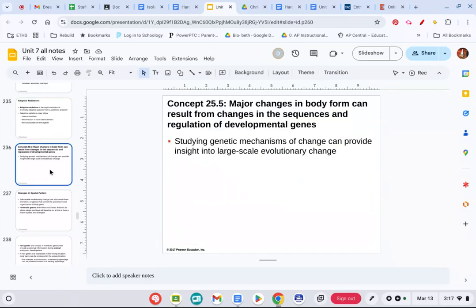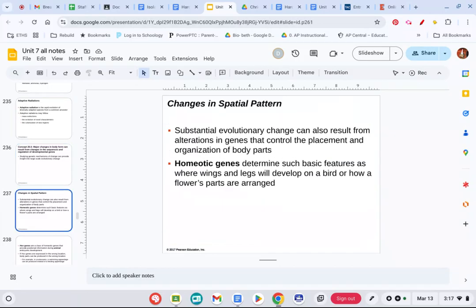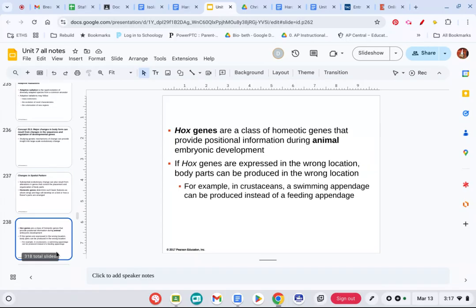Now I want to shift gears a little bit and talk about another thing that can affect selection, and that has to do with body plan genes. We talked a little bit about this before: during development, there are these genes called homeotic genes, which basically tell an embryo, here's where my wings are supposed to be, here's where my legs or my limbs are supposed to be, here's where my flower petals are supposed to be, etc. In animals, we don't call them homeotic genes, we call them Hox genes.